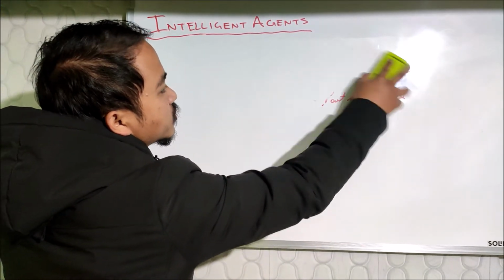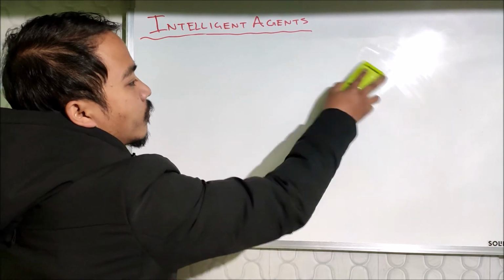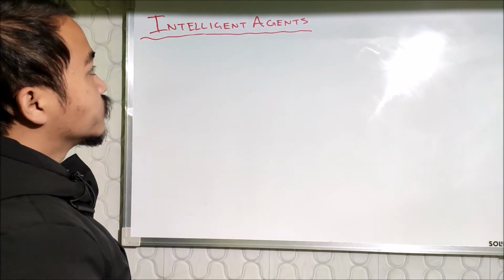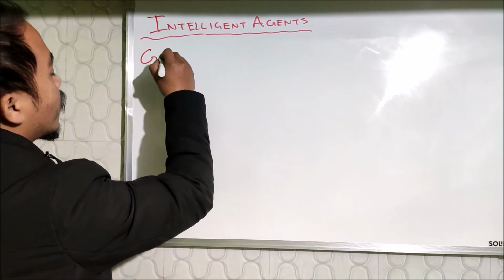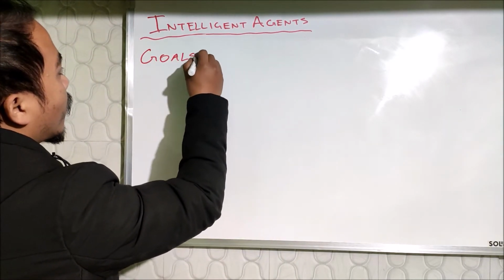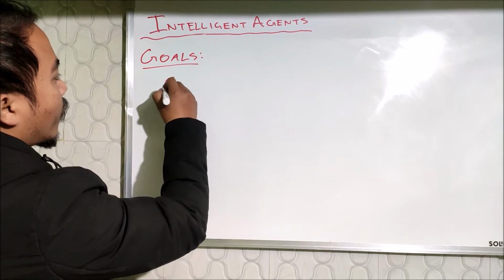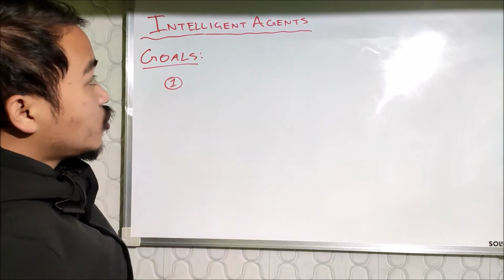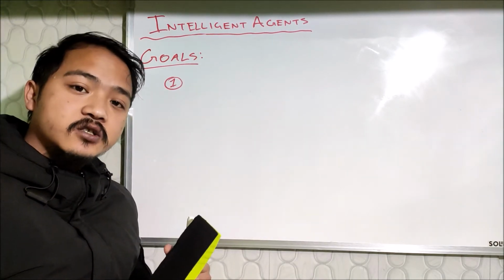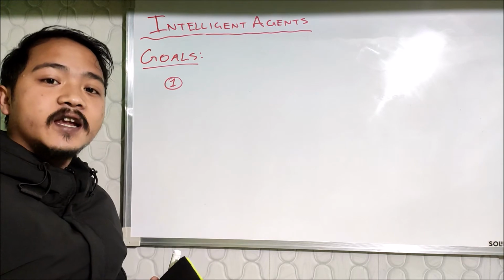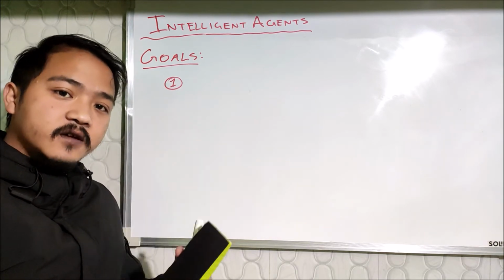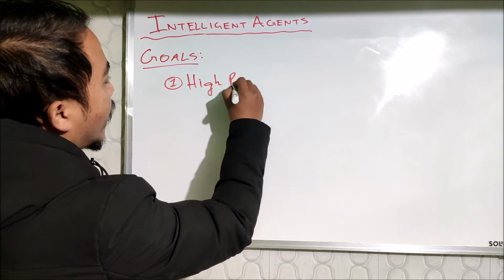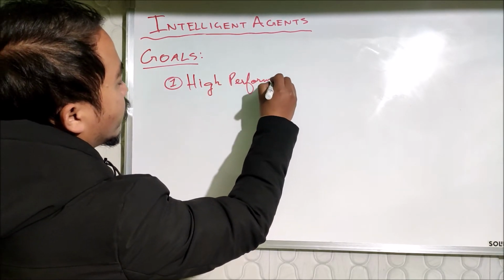Let's talk about the goals. What is goal number 1? When designing an intelligent agent, one should design it in such a way that it gives high performance. Number 1 is high performance.